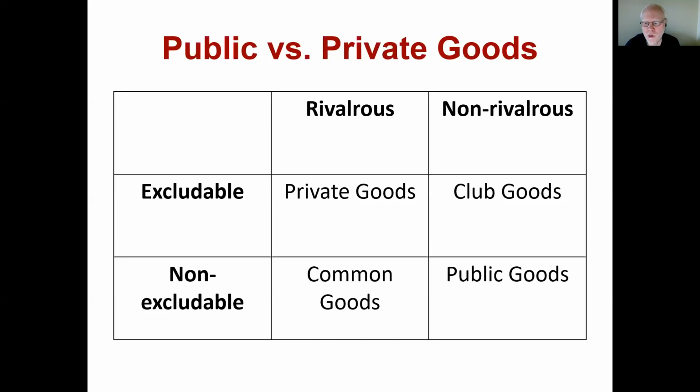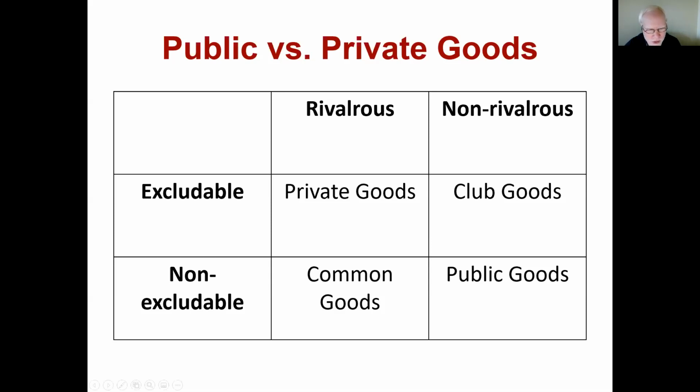And then rivalrous or non-rivalrous is whether by consuming it you eliminate it for others. So if I eat an apple, that apple's gone. You cannot eat that apple. With a non-rivalrous good, me consuming it doesn't mean that you can't consume it. So if we start with private goods, those are both excludable and rivalrous.